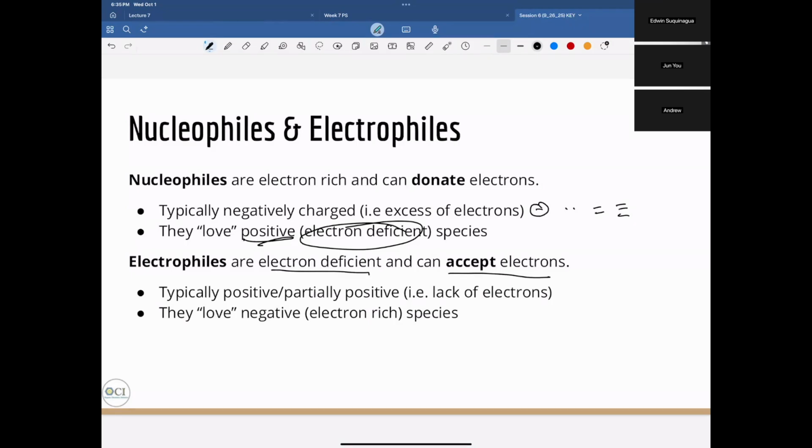Electrophile means electron loving, their attraction to electrons, their love for negatively charged species. That's where they get their names from. Some of you might realize these definitions are very similar. Honestly, they're the exact same as Lewis acids and bases. Sometimes people use Lewis acids and bases interchangeably with nucleophiles and electrophiles.